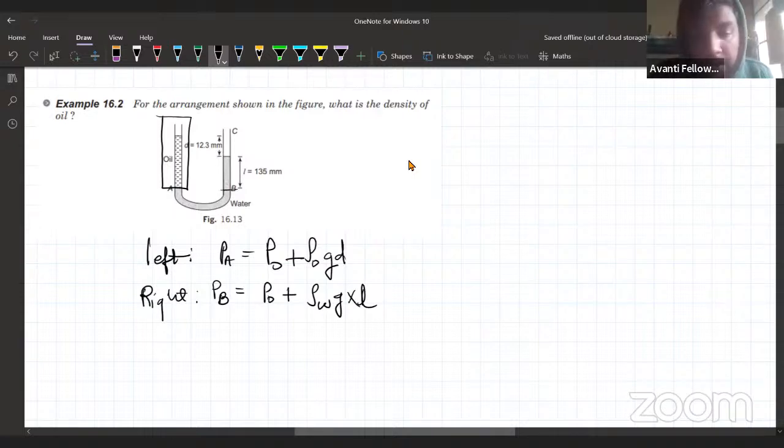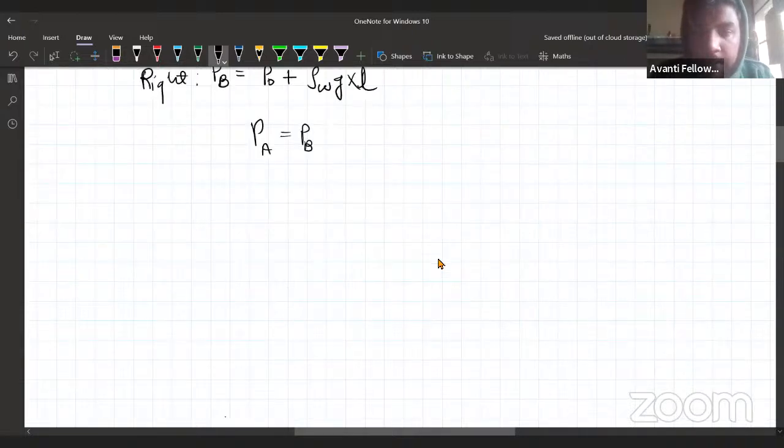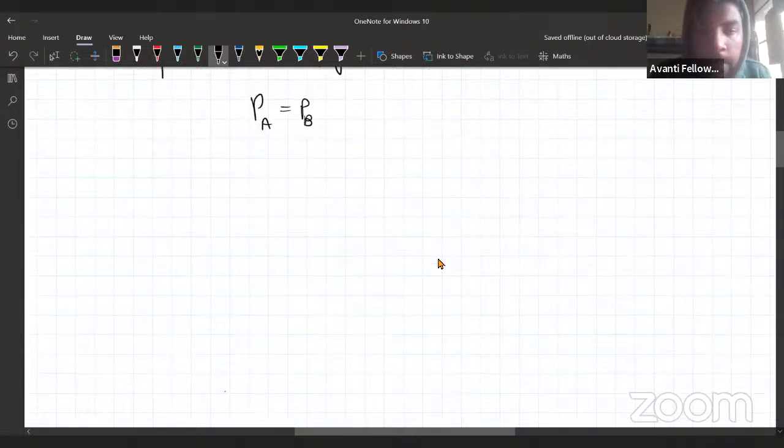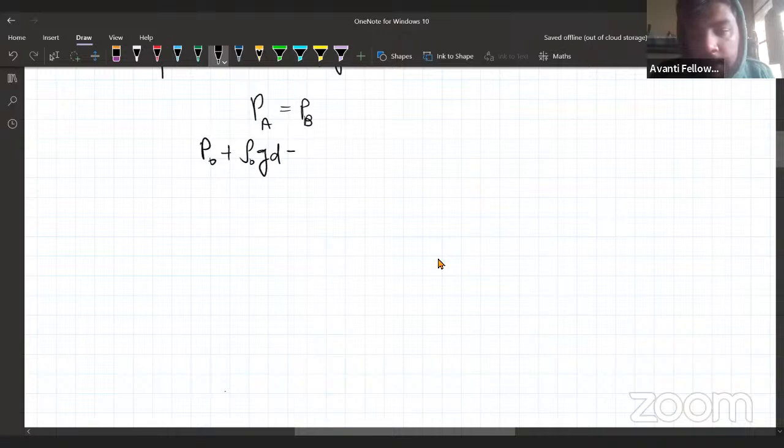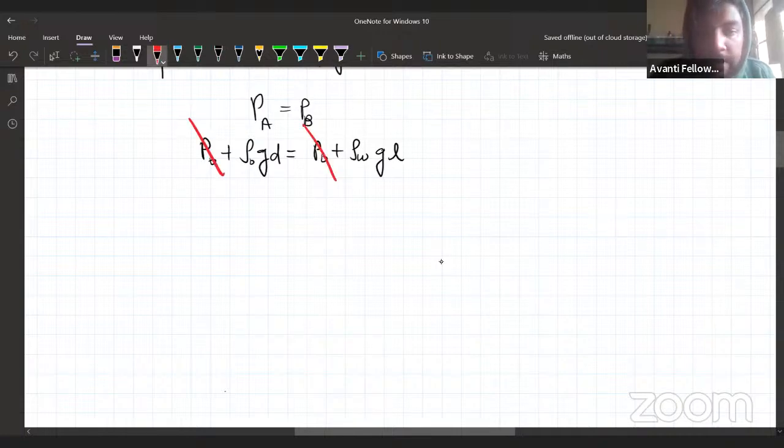I'm going to equate these two because on the same horizontal level, the pressure will be the same. Pressure at A will be equal to pressure at B. As simple as that. Pressure at A is P naught plus rho of oil into G into D, and that equals P naught plus rho of water into G into L. Now P naught and P naught will cancel out.